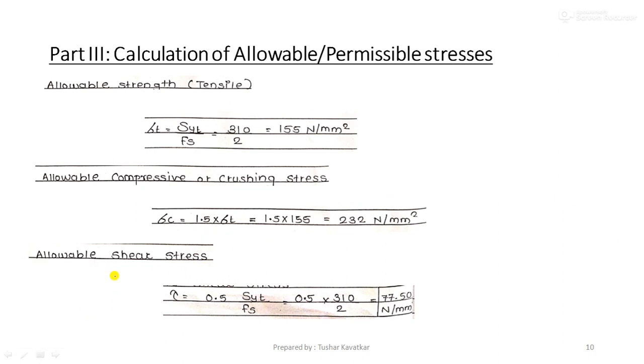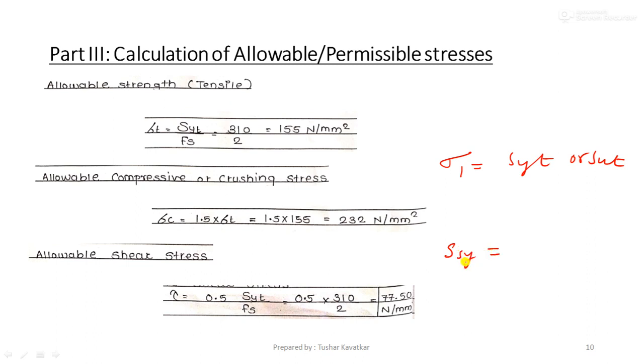Next is allowable shear stress. Already I have explained different types of theories of failure, so that concept is also useful over here. What are the different types of theories of failure? Maximum principal stress theory. What does it say? It says that the principal stress sigma 1 is equal to Syt or Sut. Then the maximum shear stress theory. What does it state? Ssy.